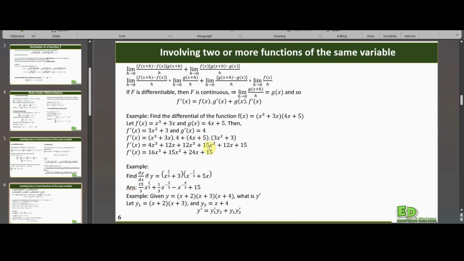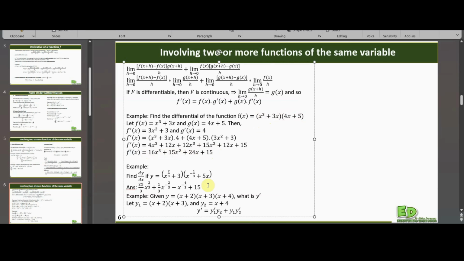Then the next thing is we have 15x squared, then 12x plus 12x will give us 24x. So just grouping of like terms, then plus 15, right? So this is the final answer. So it's telling us that the differential of the function x cubed plus 3x multiplying 4x plus 5 is equal to 16x cubed plus 15x squared plus 24x plus 15, right?